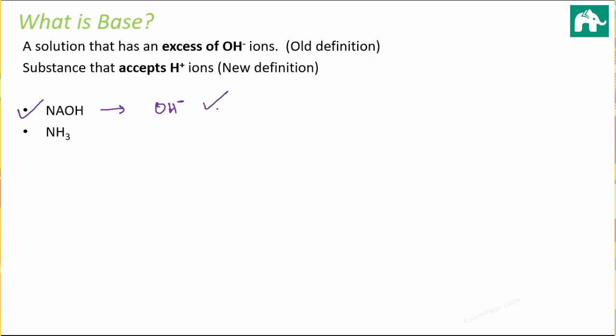We also see that NaOH takes H+ ions to form H2O, so it also accepts H+ ions. How do we know that? When NaOH reacts with hydrochloric acid, HCl, the acid releases H+ ions, and the OH- accepts H+ ions and forms NaCl plus H2O. So basically it accepts the hydrogen ions to form water.